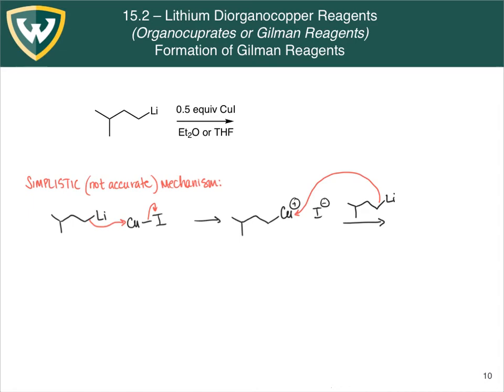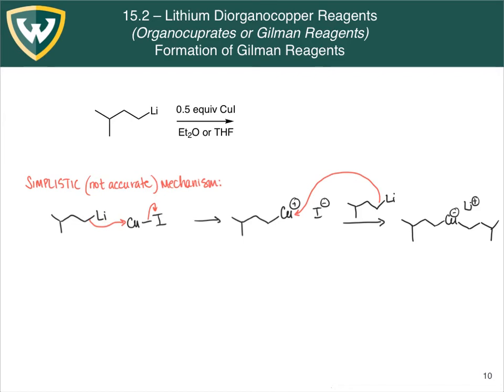There's no leaving group needed there. The products of this arrow are actually trickier than they might seem at first, so you need to keep track of what's happening with the electrons on your copper. So we started out with copper 1, and we added 2 electrons and we took away 2 electrons, so we still have copper 1 here.